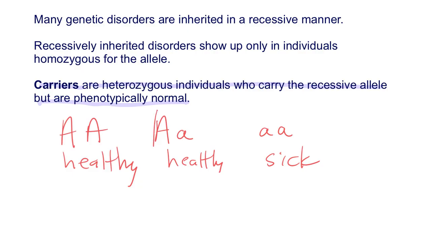We call the heterozygous individual a carrier, because that person can carry the problem recessive allele in a hidden fashion and pass it on to his or her kids.